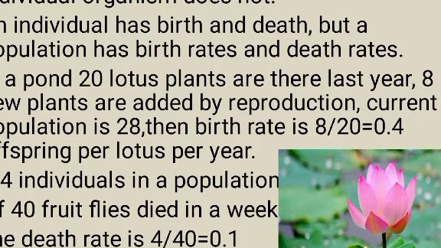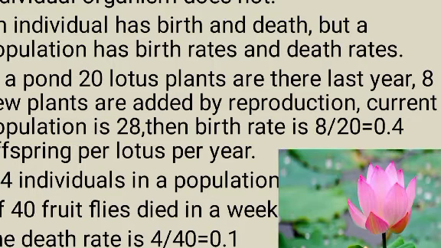Now how to calculate the birth rate? Birth rate is equal to 8 by 20. That is the number of individuals added divided by the total number of individuals present. So what is the number of individuals added? It is 8.